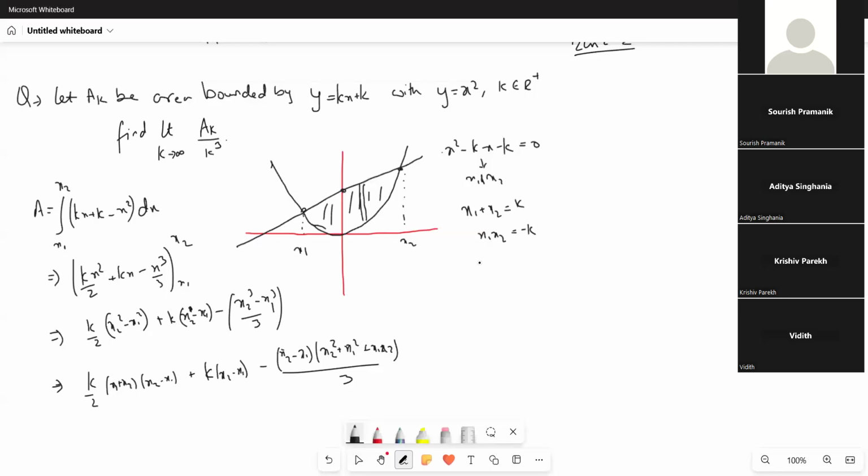x1 x2 would be minus k, and x1 plus x2 is minus b by a.